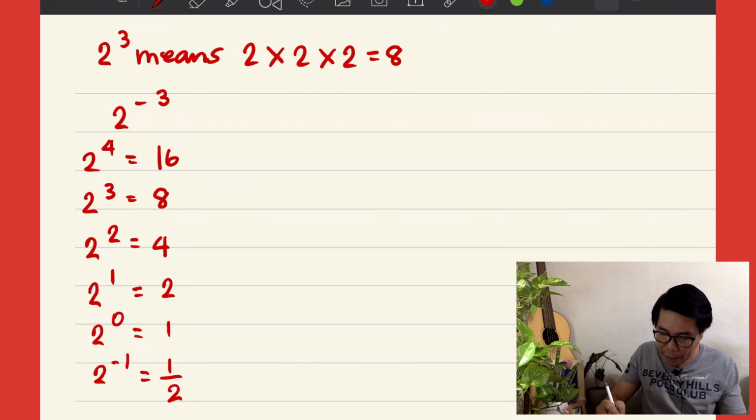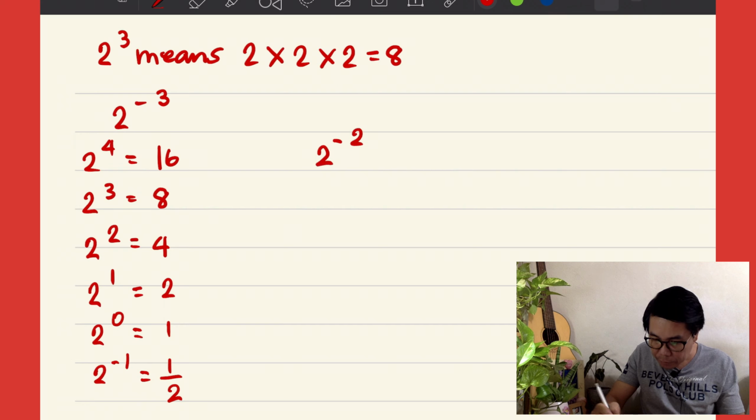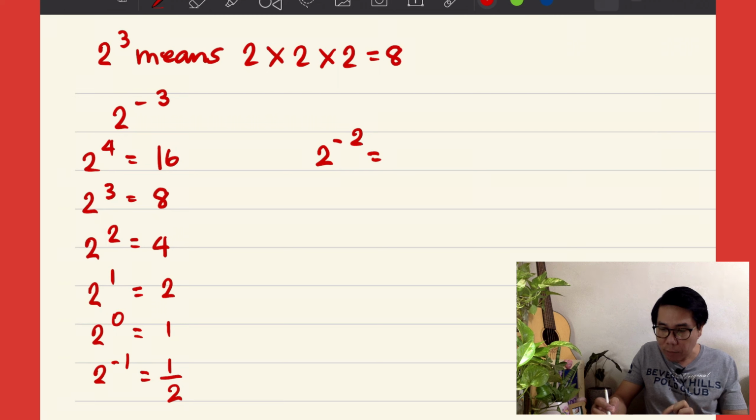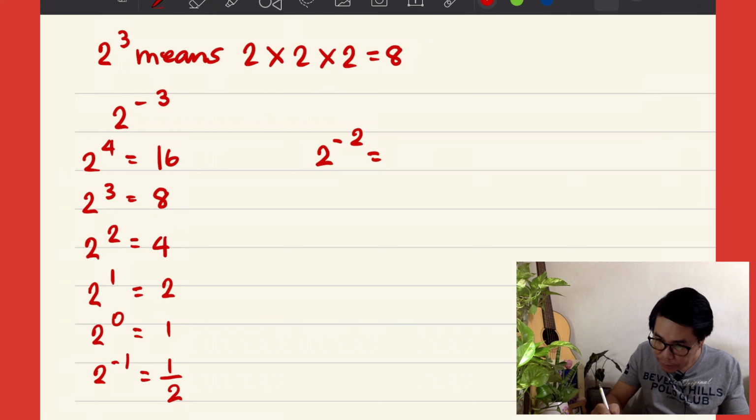Then if we have 2 raised to the power of negative 2, what is half of 1/2? That is 1/4.